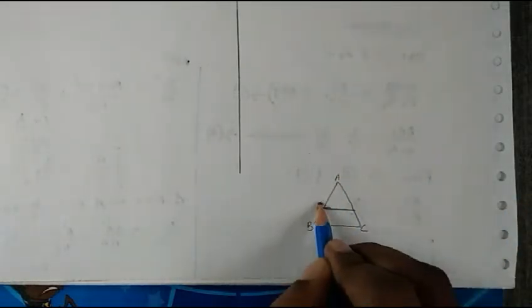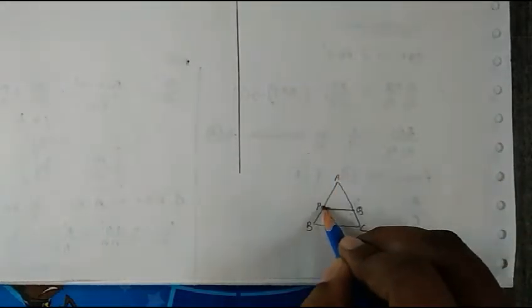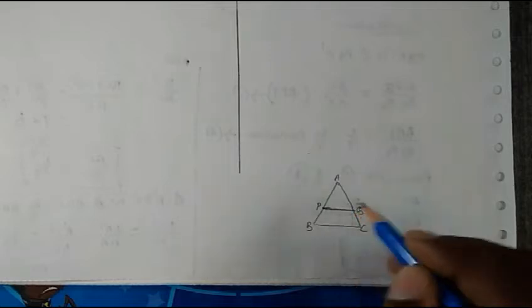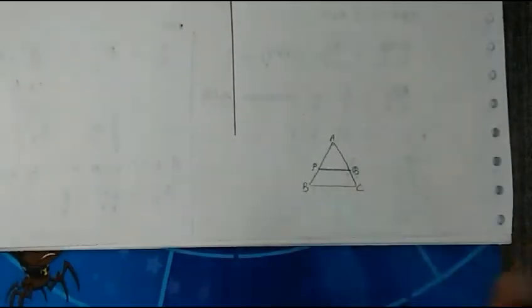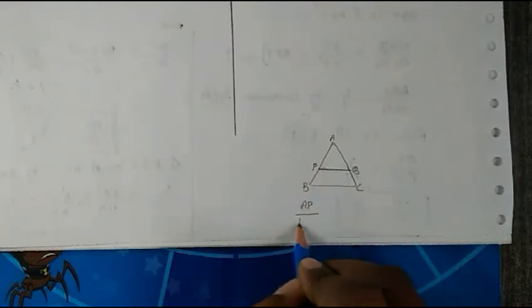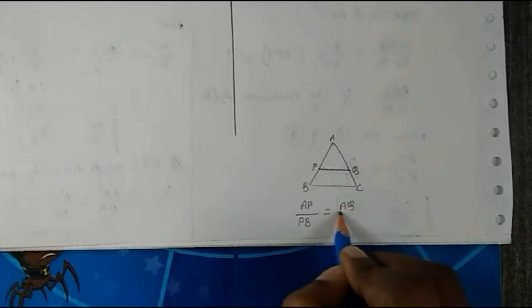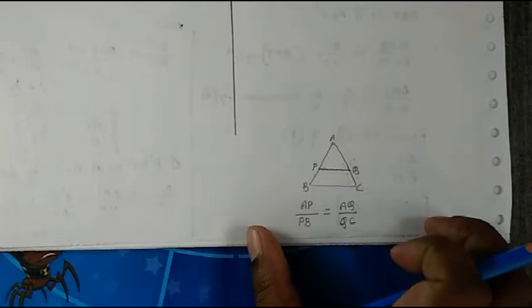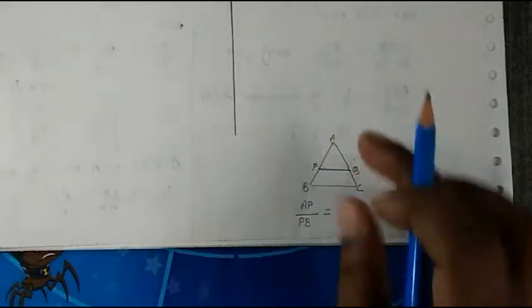For example, if I call this PQ, then we can write this as AP upon PB will be equal to AQ upon QC. So this parallel line will divide the triangle into equal ratios.